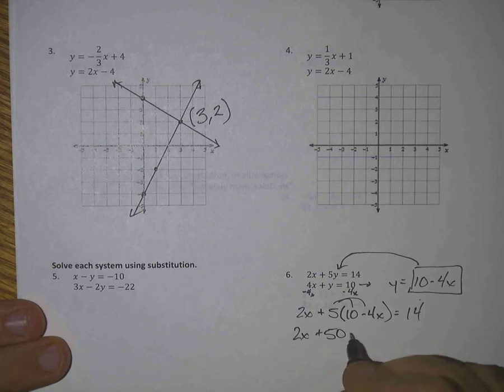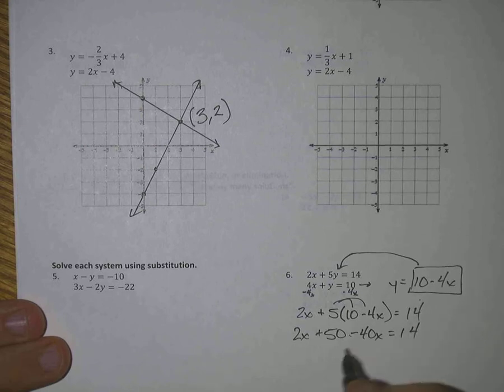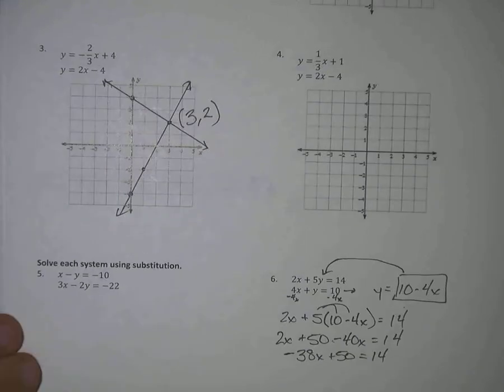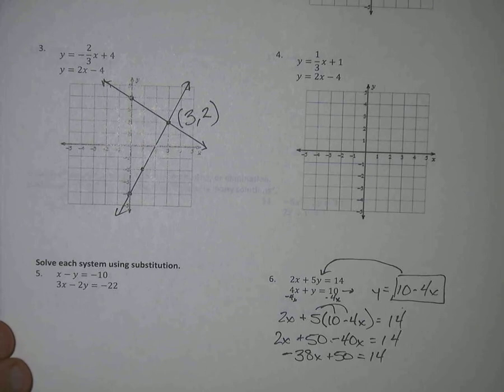So 2x plus 50 minus 40x, that's a lot of x's, but it'll work out. When I simplify this, I'm going to have negative 38x plus 50 equals 14. Now, if I do things right, I'm going to be, oh, wait a minute.